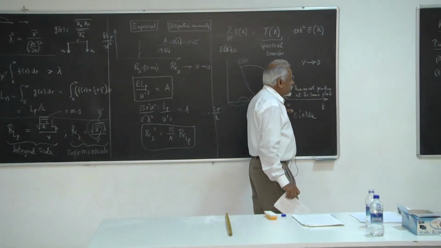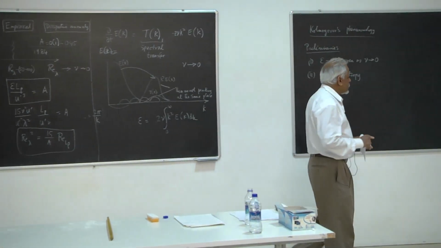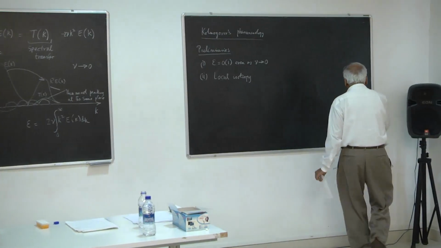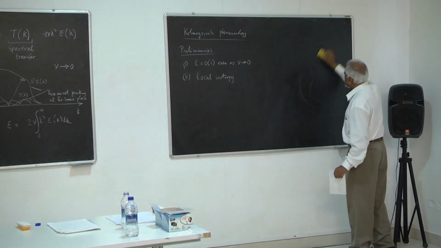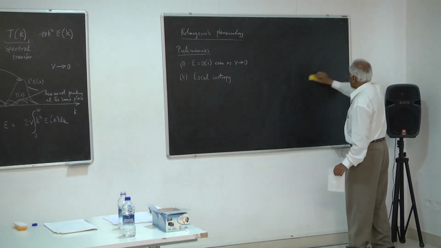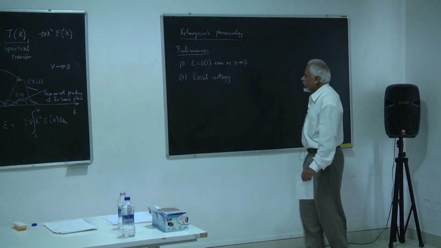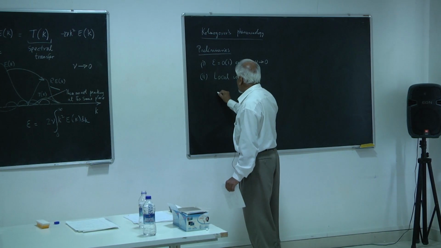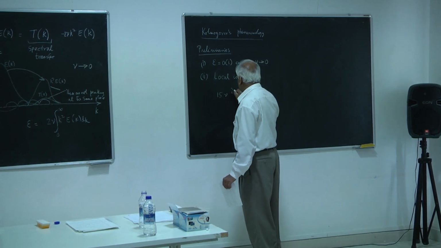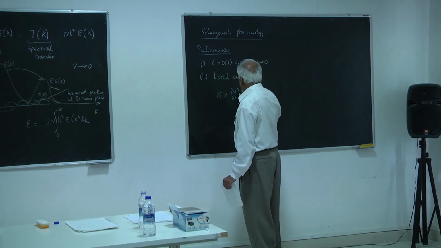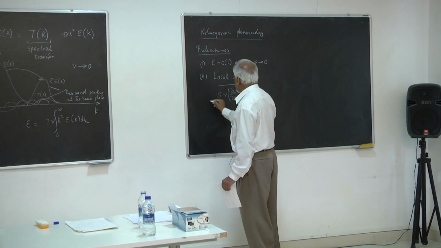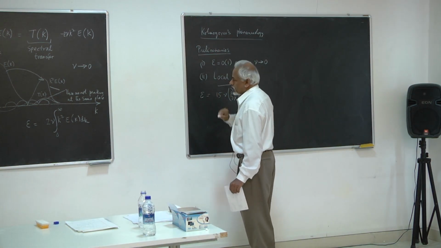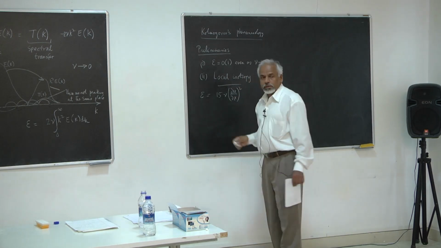And therefore the same isotropic result can be used for any kind of flow you like. So even in a channel flow, for instance, where it's completely anisotropic, if you use 15 nu (du/dx)^2 and average this quantity, that's a very good approximation to epsilon in such cases.